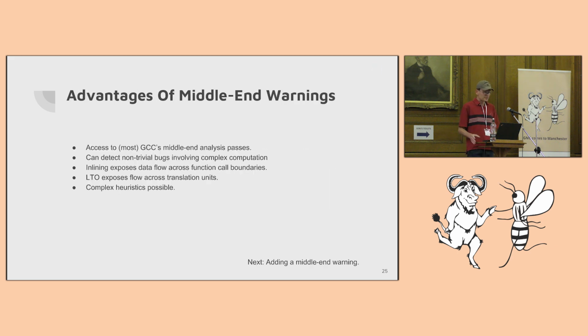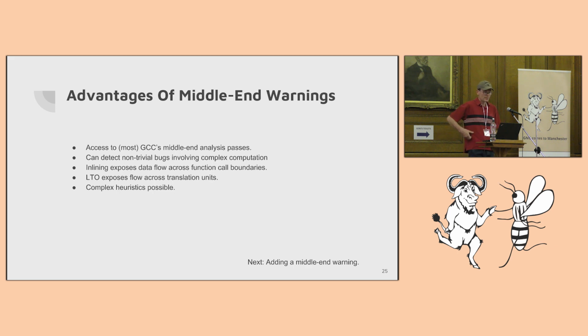So what are the advantages of middle end warnings? The obvious advantage is that the middle end warnings have access to pretty much all the GCC middle end analysis passes. There are some caveats to be aware of, and I think I'll have a slide on those later.